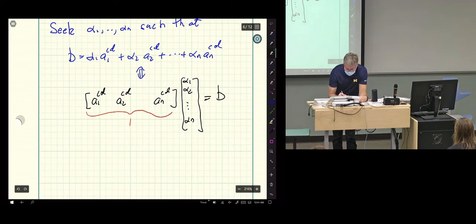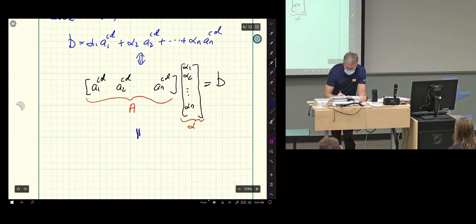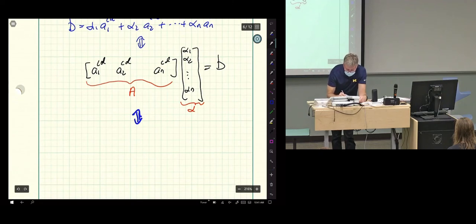This is my matrix A again. This is my vector alpha, and then that's B. So this is if and only if A alpha equals B.